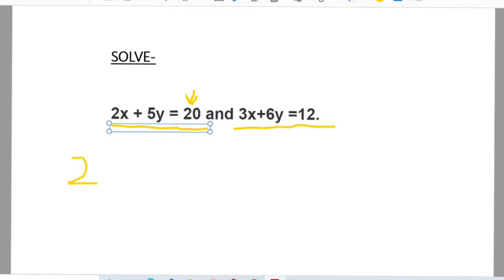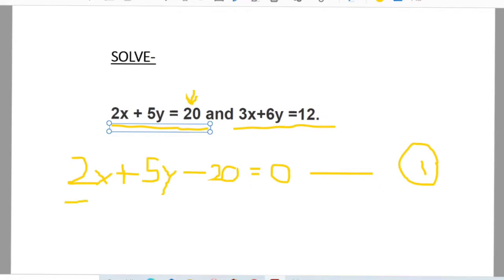So the equation will be 2x plus 5y minus 20, which is equivalent to 0. This will be your first equation. Now you can easily extract a1, b1, and c1 from it.